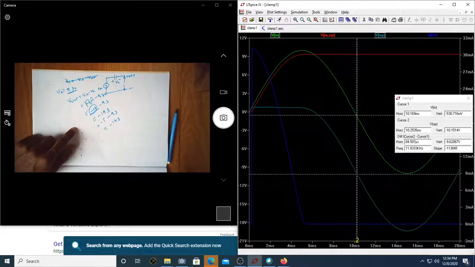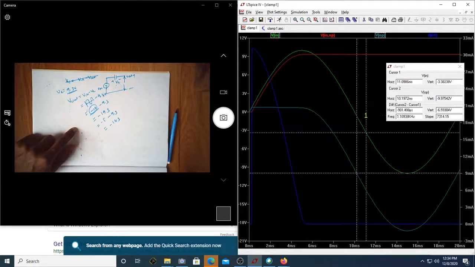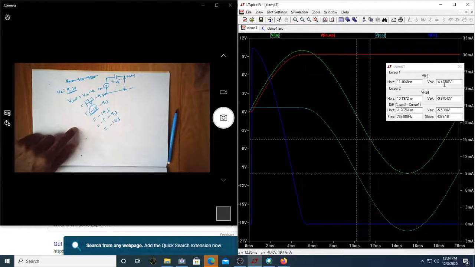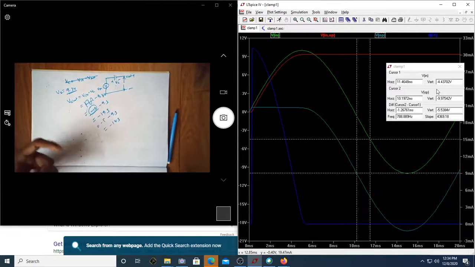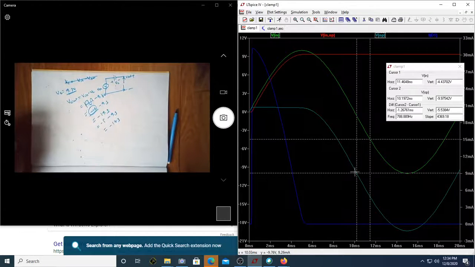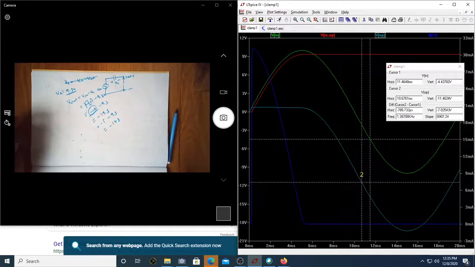Can you see this is at minus 9.7, almost there? Of course, this is not exactly at 0. Suppose the input voltage is at minus 5, now it is minus 4.4, minus 4.4 plus minus 9.3 would be the output voltage.